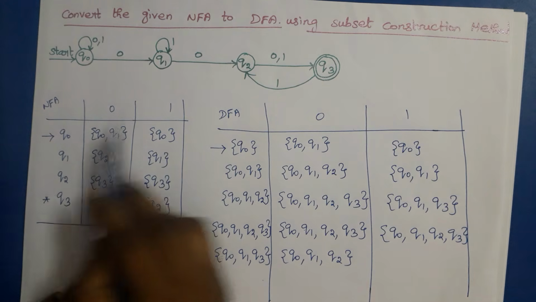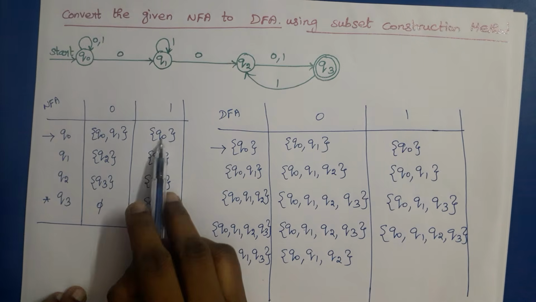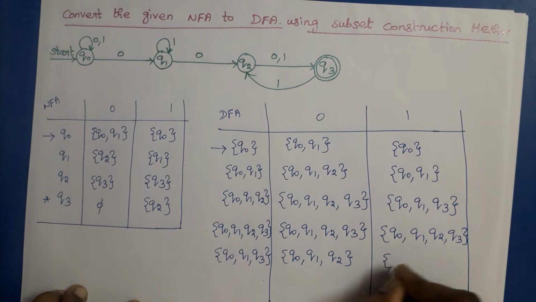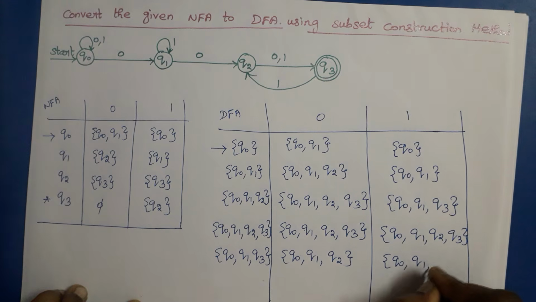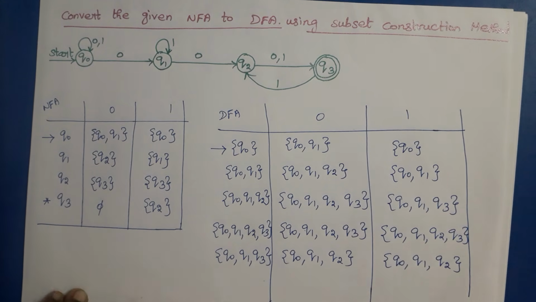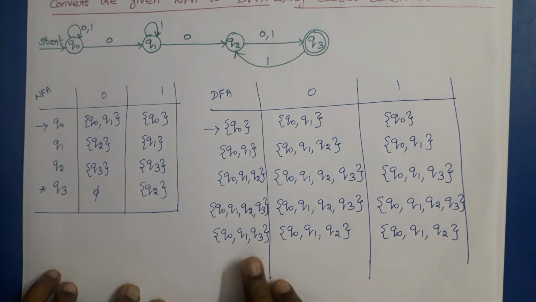Delta of Q0, 1 is Q0, so Q0 union Q1 union Q2 gives Q0, Q1, Q2, and this is already written. So now no new states are introduced.